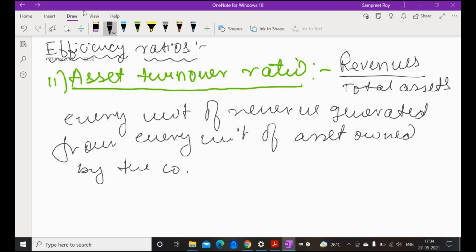Right, revenues by total assets is the asset turnover ratio, which indicates every unit of revenue generated from every unit of asset owned by the company. Right.